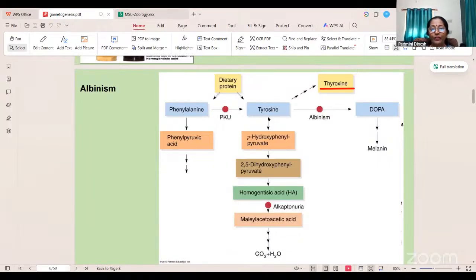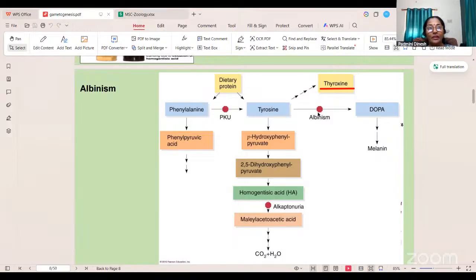When tyrosine is metabolized to DOPA, that is, dihydroxyphenylalanine, this DOPA is going to produce melanin, that is, pigmentation in our body. Now, if this is not broken down properly, then that leads to albinism. You must have seen a person who is completely white in color, that is, there is no color at all.